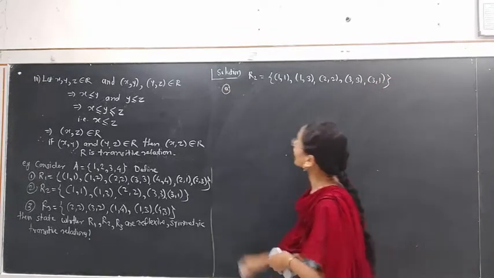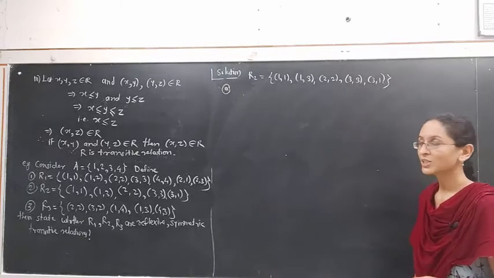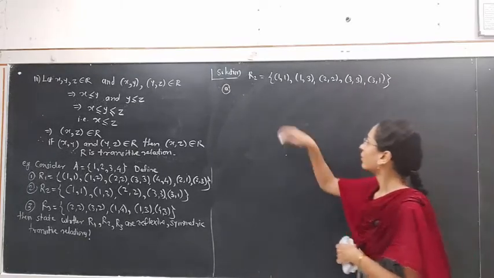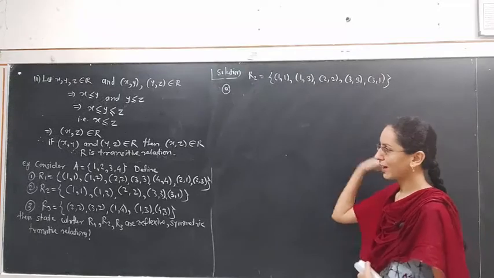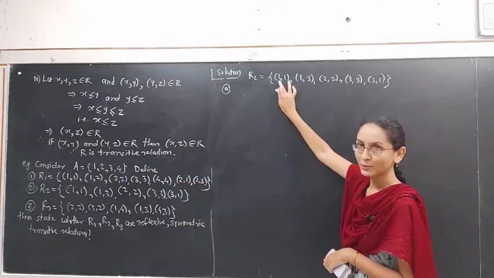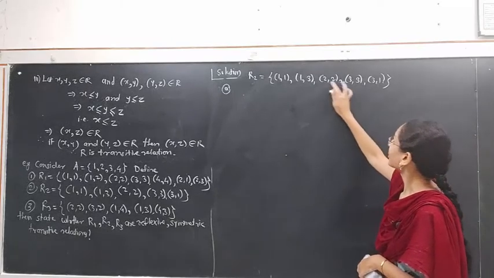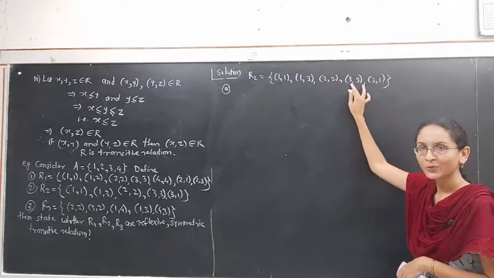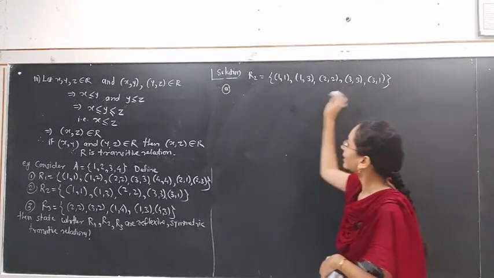First, we check whether R2 is a reflexive relation or not. 1, 2, 3, 4 are the elements of the set A. The ordered pair (1, 1) belongs to R2, (2, 2) belongs to R2, (3, 3) belongs to R2, but (4, 4) does not belong to R2.